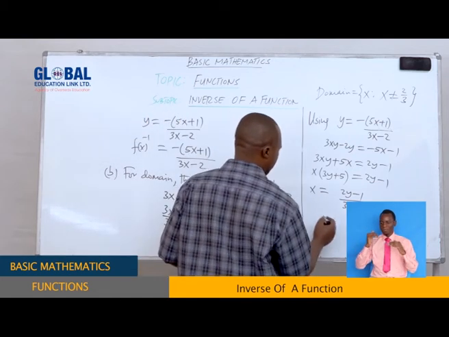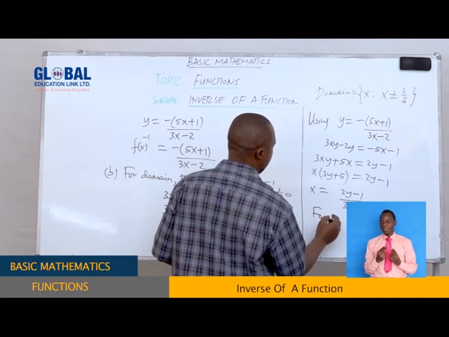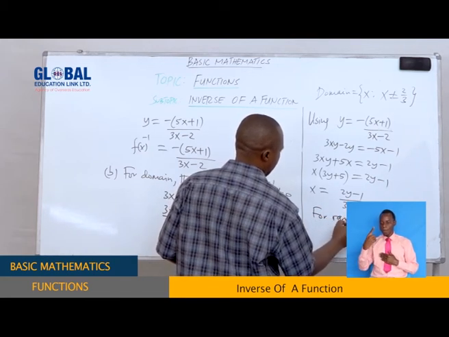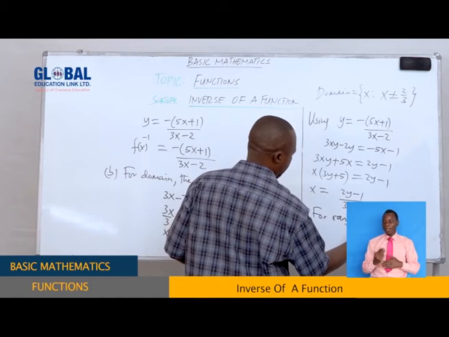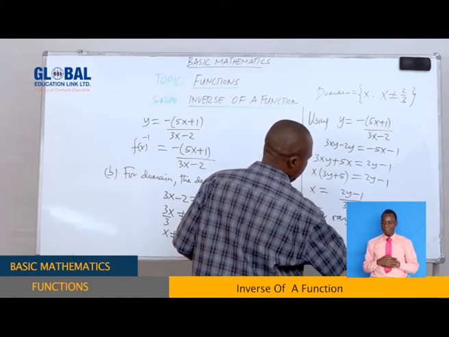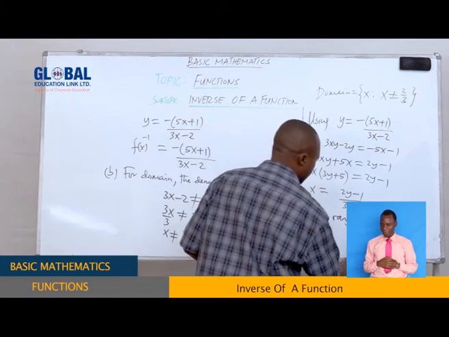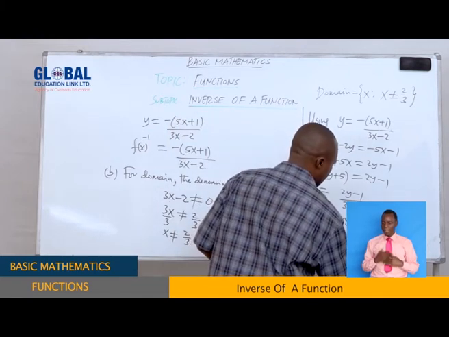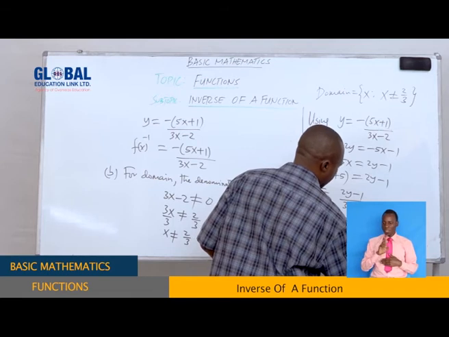That is, for range, 3y plus 5 is not equal to 0, so in this case we have 3y is not equal to negative 5.